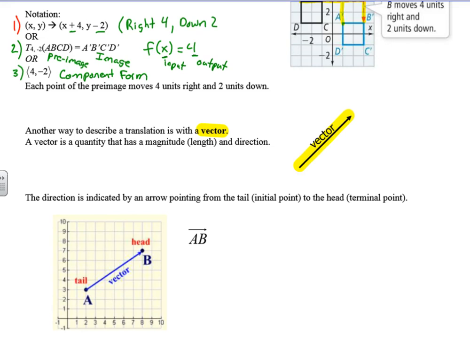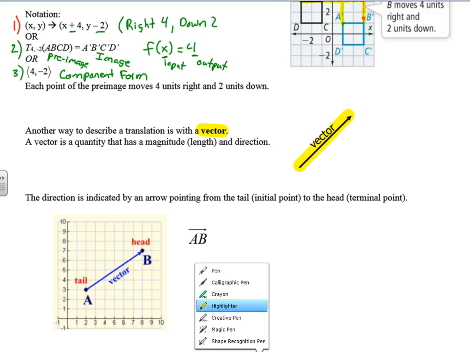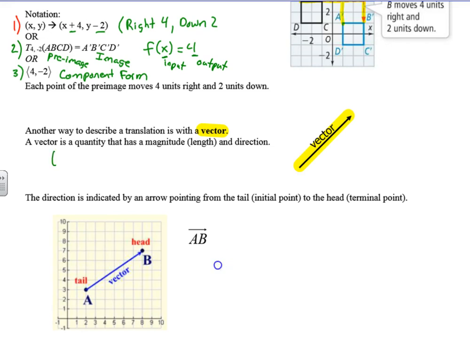An example of vectors is wind speed. Wind is an example of a vector. It has a direction clearly, and it has a length, and that's the speed that it's going at. A lot of vector stuff comes into play for pilots.